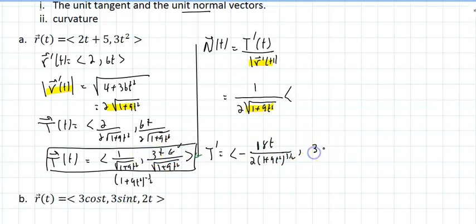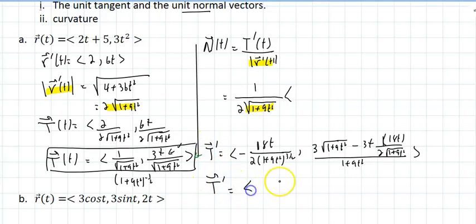Derivative of the top times the bottom. So again, not a lot of fun. Minus the top times derivative of the denominator, all over the denominator squared. Now I know this is a big mess. That is 9t over 1 plus 9t squared to the 3/2.